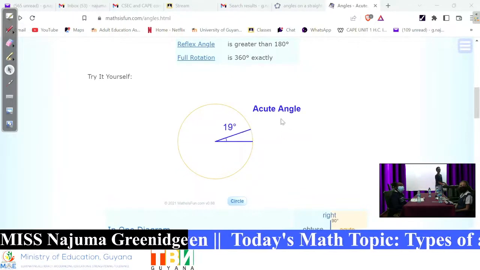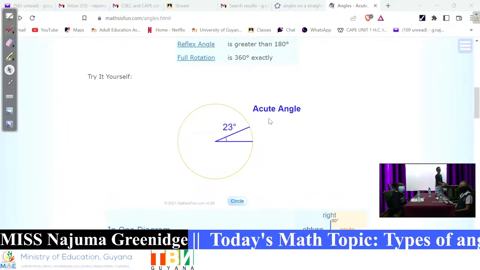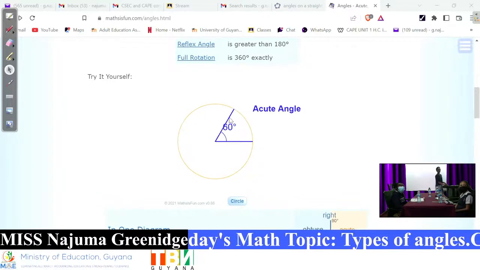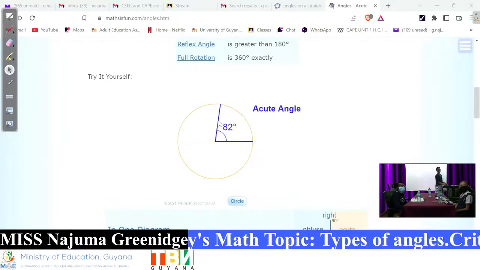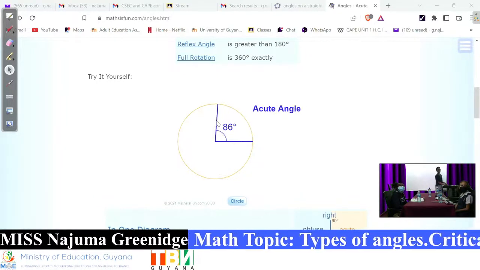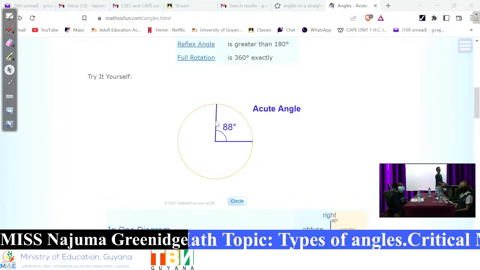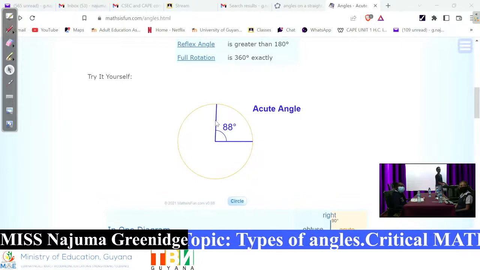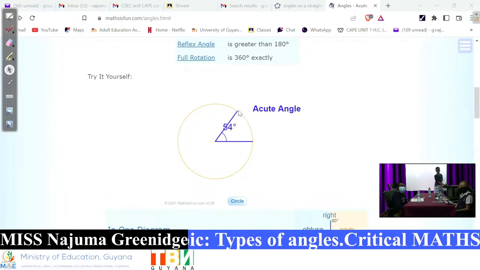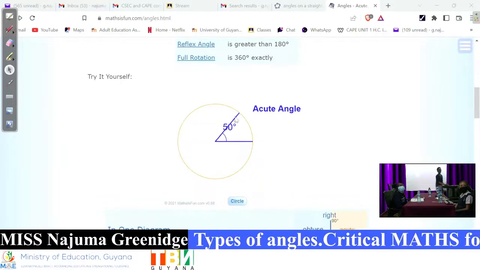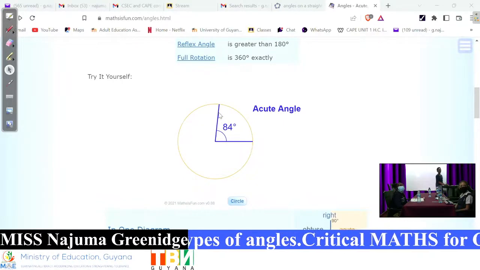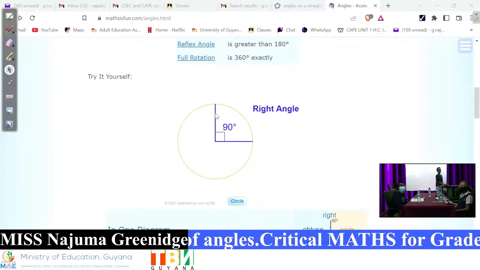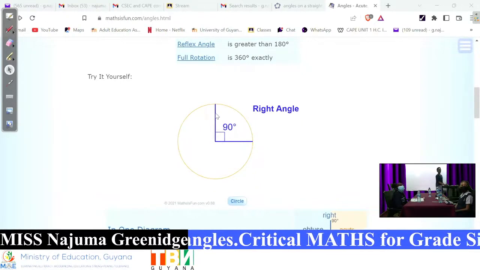This would still be considered acute because it's less than 90. Notice I'm in the 60s, 70s, 80s. I could go as close as 89, so 89 would be considered an acute angle. Good. Straight above, I have my right angle.